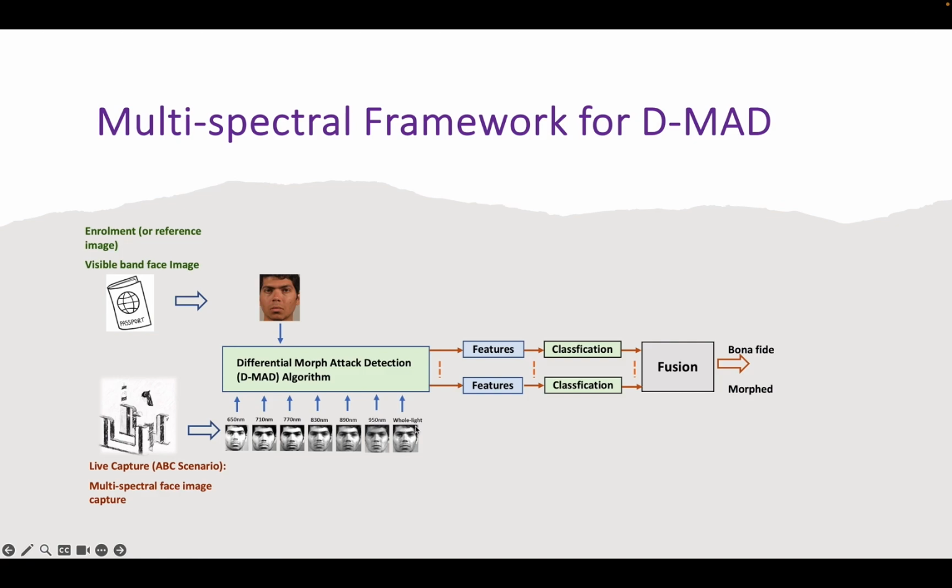The whole light image is not with any filters, so the camera is sensitive from visible light to near infrared light, and we get one single image that reflects the characteristics across both visible and near infrared. With these multiple bands, and an RGB image from the passport, our idea is to see how the existing DMAD techniques will work under this scenario.